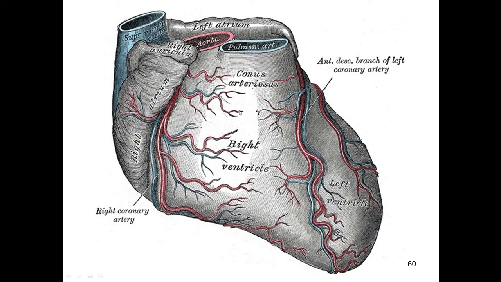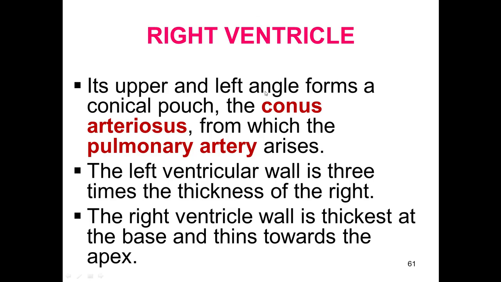In the right ventricle there is a projection continuing to form the pulmonary trunk, and this projection is the conus arteriosus. Now, the upper and left angle of the right ventricle forms a conical pouch, the conus arteriosus, from which the pulmonary artery arises.